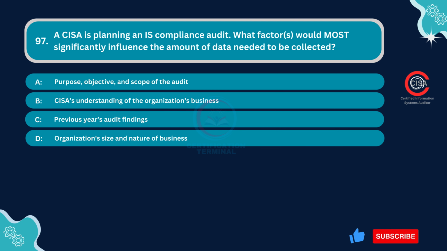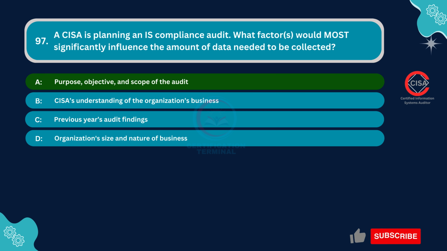The correct answer is Option A, purpose, objective, and scope of the audit. The purpose, objectives, and scope of the audit define what specific areas of the IS environment will be examined. This directly impacts the type and amount of data required for the audit. A broad scope encompassing all aspects of IS controls might necessitate collecting a large volume of data.